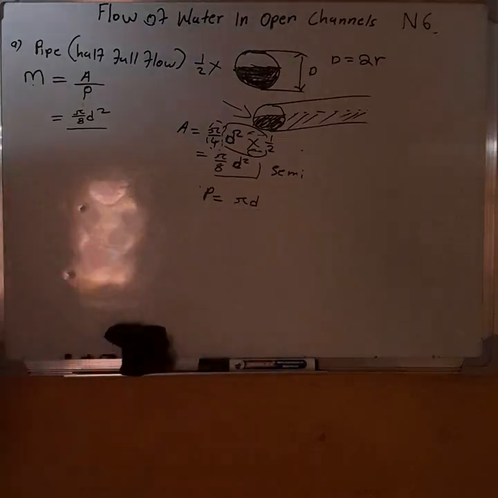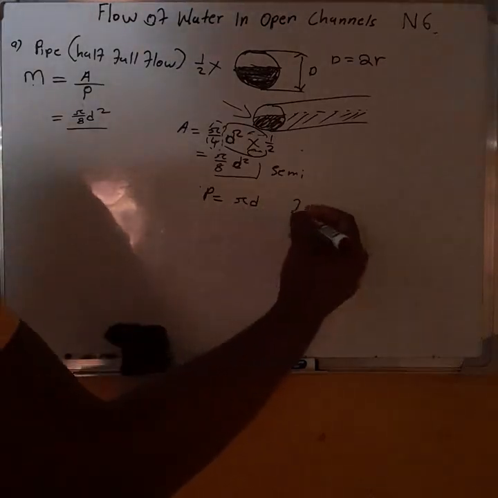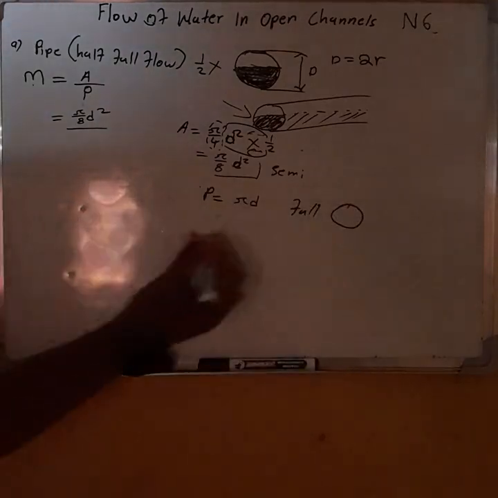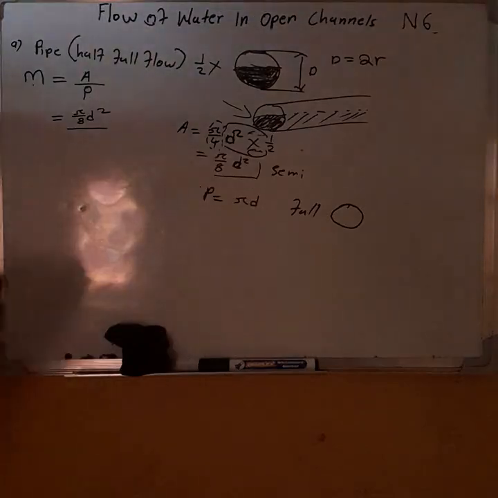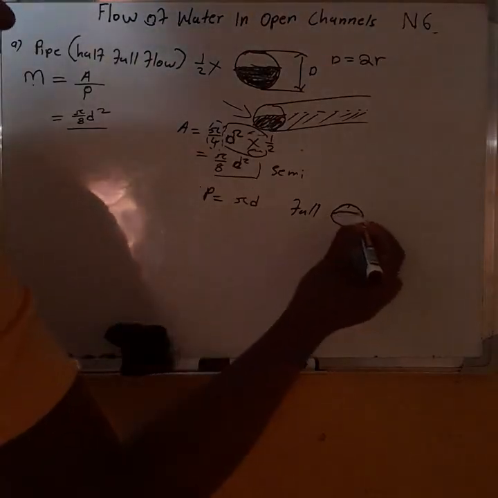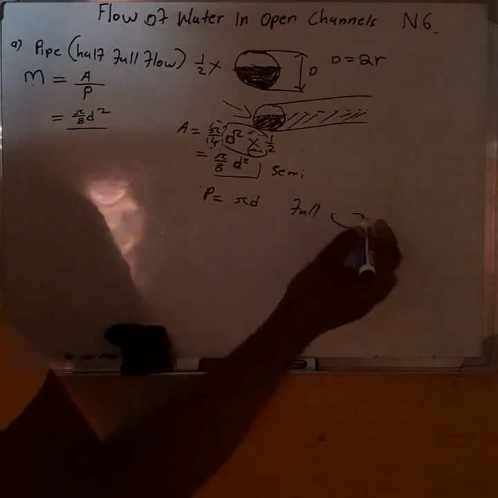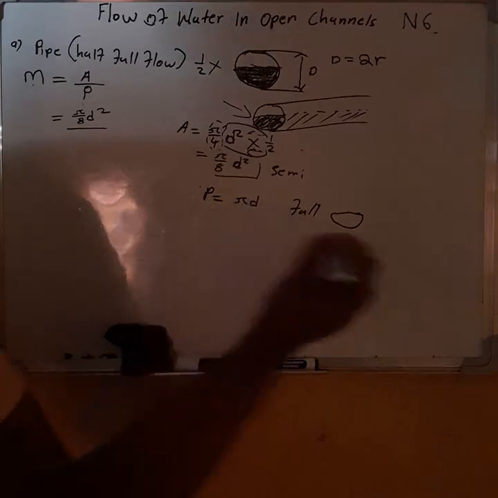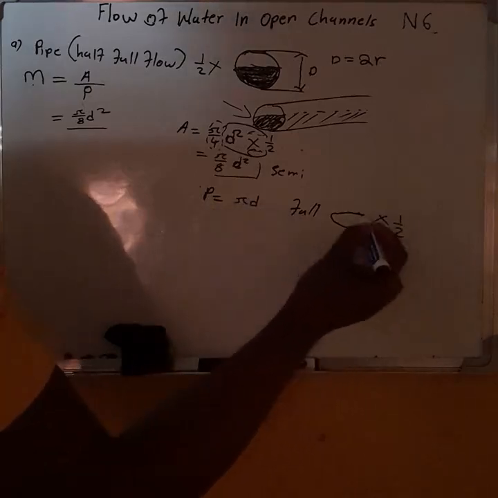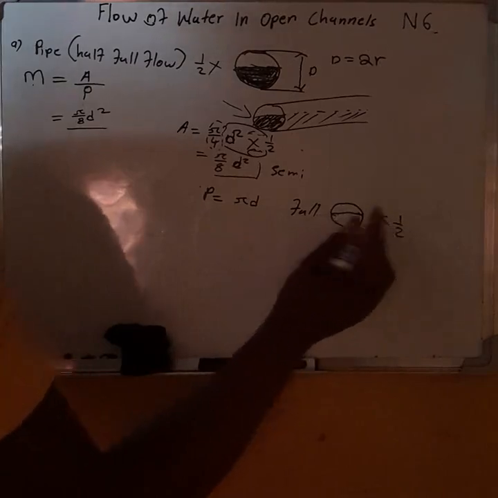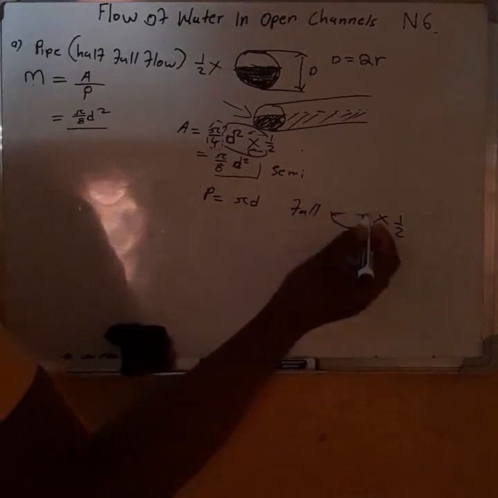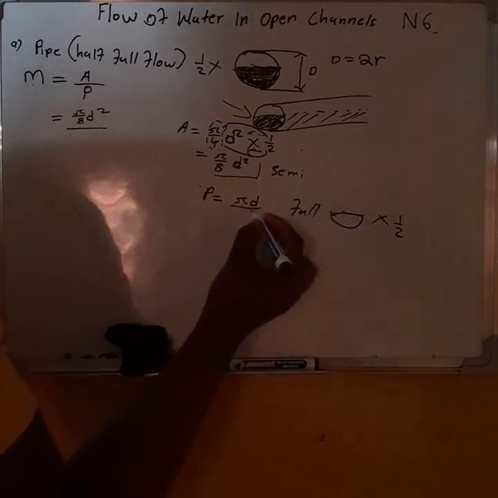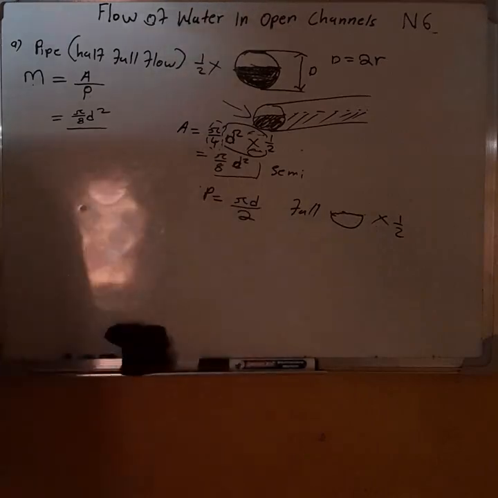It's pi d, but for a full circle. What about if it is a half? We remove this, it becomes like this. Obviously, if it is half, that means we multiply this by 1/2. We cut it, we are left with a half. Multiplying by 1/2 is the same as dividing by 2, right?